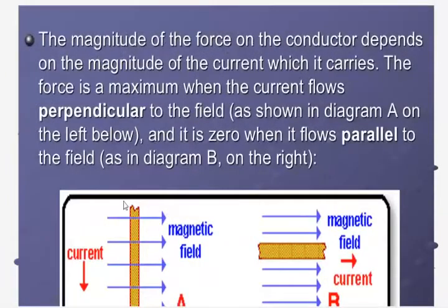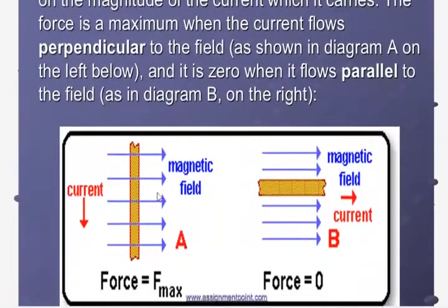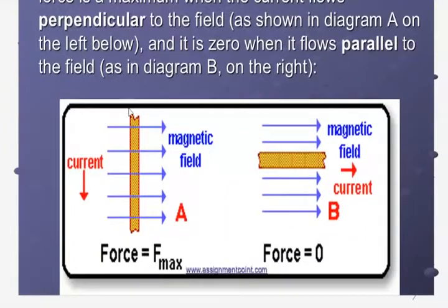Now you see here, this is the current carrying conductor in which current flows in this way, and this is the magnetic field. You can say that there are two magnets placed, north pole of the magnet on this side and south pole on this side.